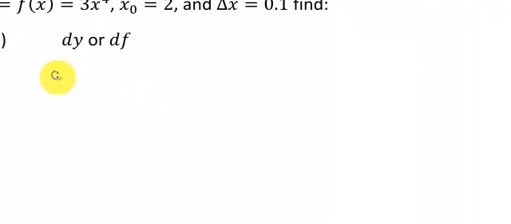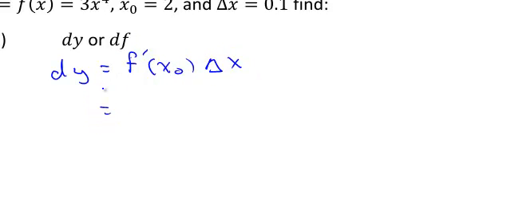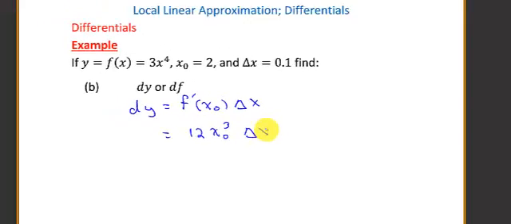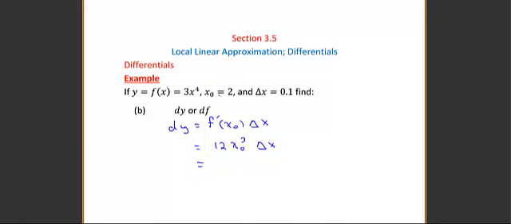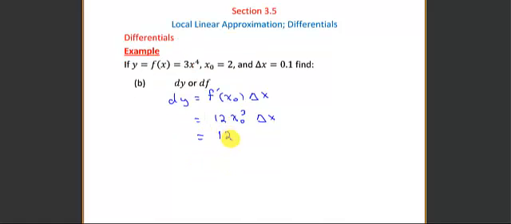Well, dy is going to be the derivative evaluated at x0 times delta x. Our derivative is 12 x to the third, so 12 times x0 to the third, times delta x. x0 is 2, so that would be 12 times 2 to the third times delta x, which is 0.1.